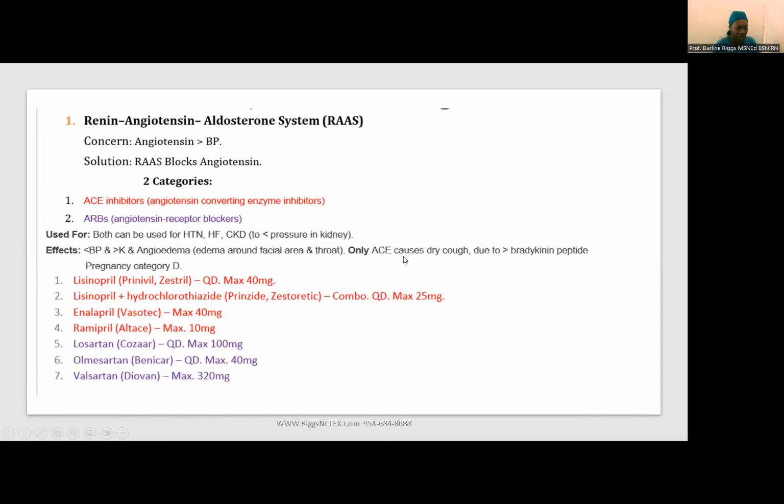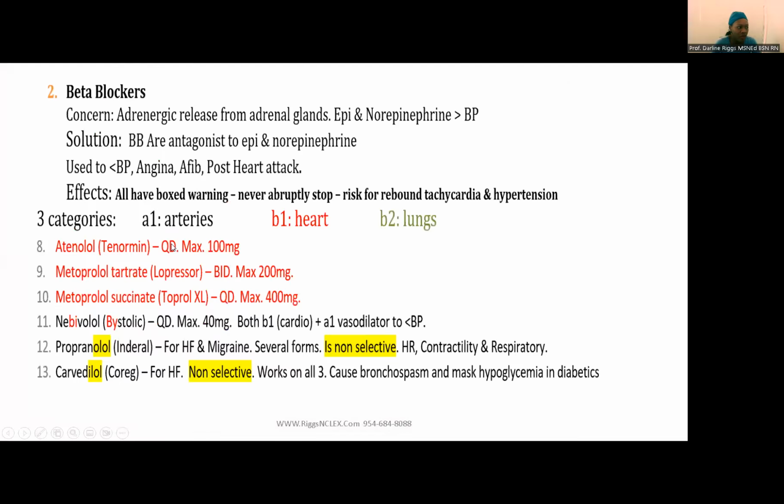That's another angle this could come at you, where you need to know their use, right? The one I just threw at you was with the use, with the cardiac effect, decreasing the heart rate. It could come at you where the client has a history of asthma, bronchitis, where you need to remember about the non-selective.